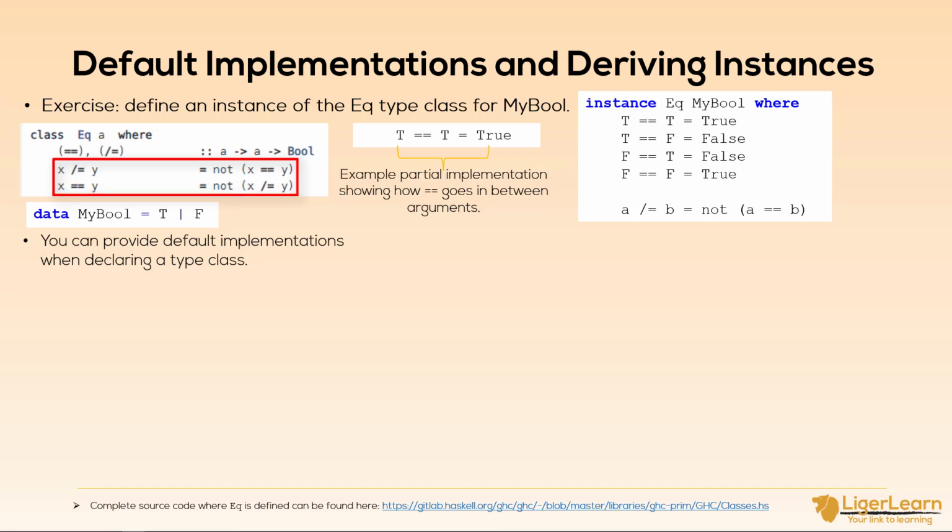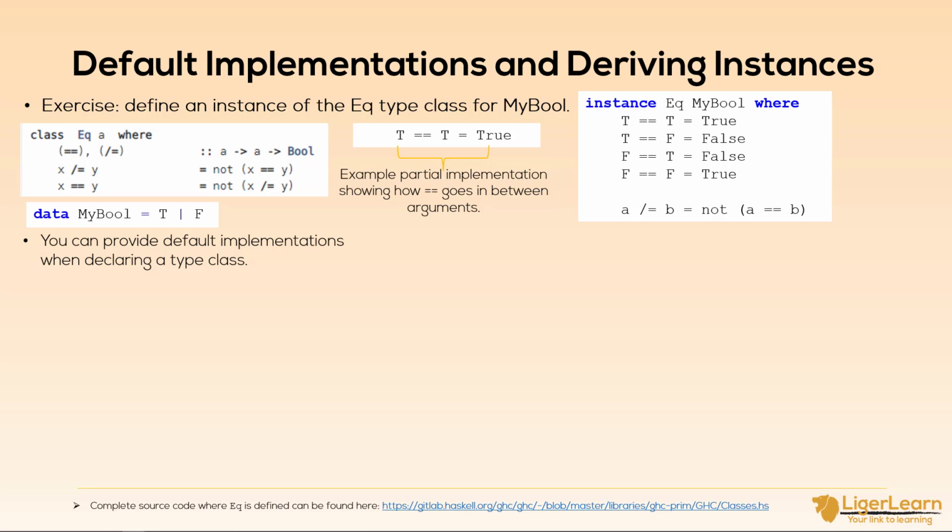What that means is, when we go ahead and define our instance, we do not necessarily have to define a function implementation. We can just rely on the default implementation in the type class declaration itself. If we go ahead and define a function implementation, then our definition will override the default implementation.